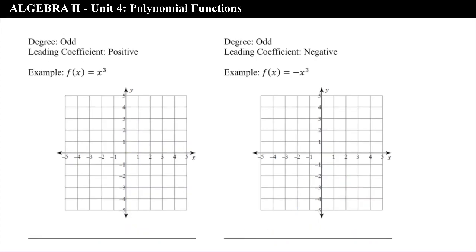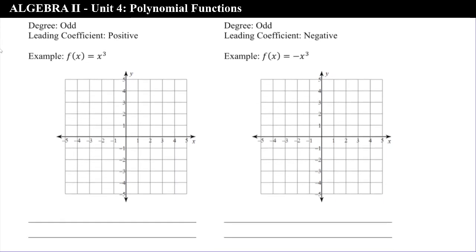Well, what happens when you have an odd function? Well, let's use a cubic function as an example. If the leading coefficient is positive, our cubic function is going to be increasing. We learned that at the beginning of this unit. So it's going to look something like this. So as x approaches infinity, we have f of x approaching infinity as well, because we're looking at the right-hand side.